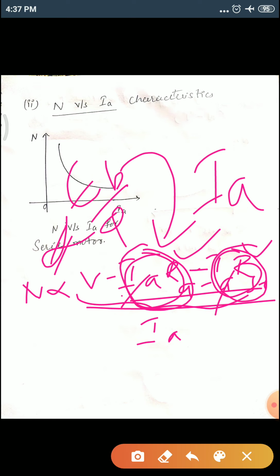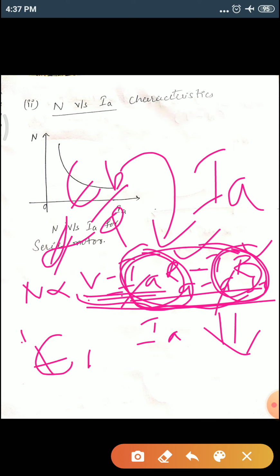In other words, the change in V will be nothing but your EB; it remains the same only. Therefore what we can write is EB is approximately equal to V. We can assume that.